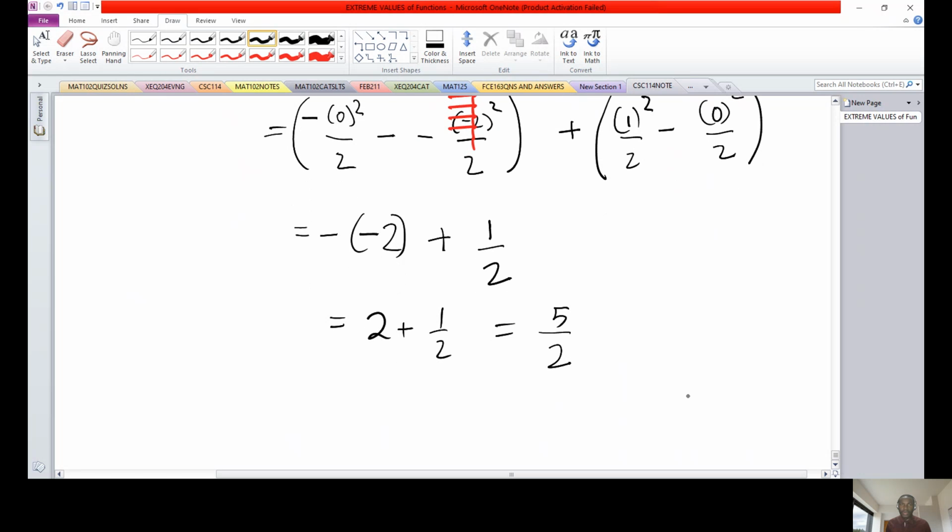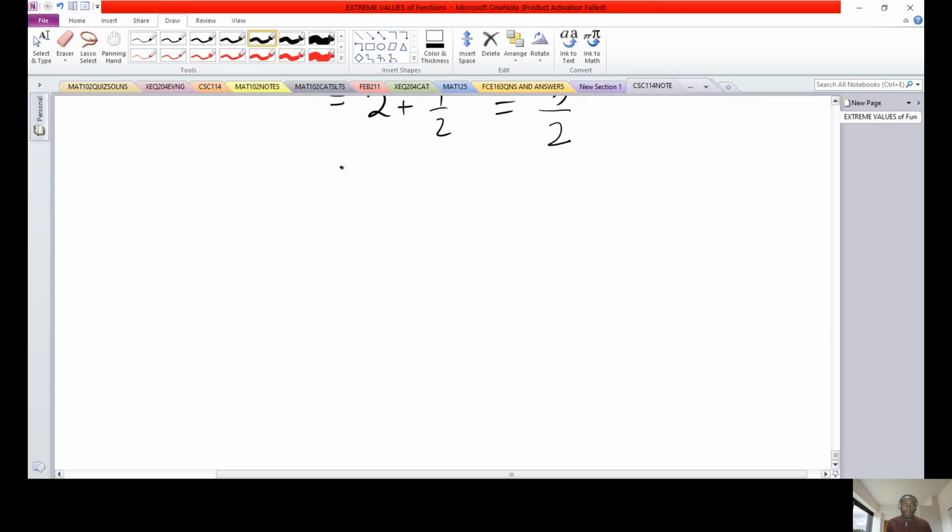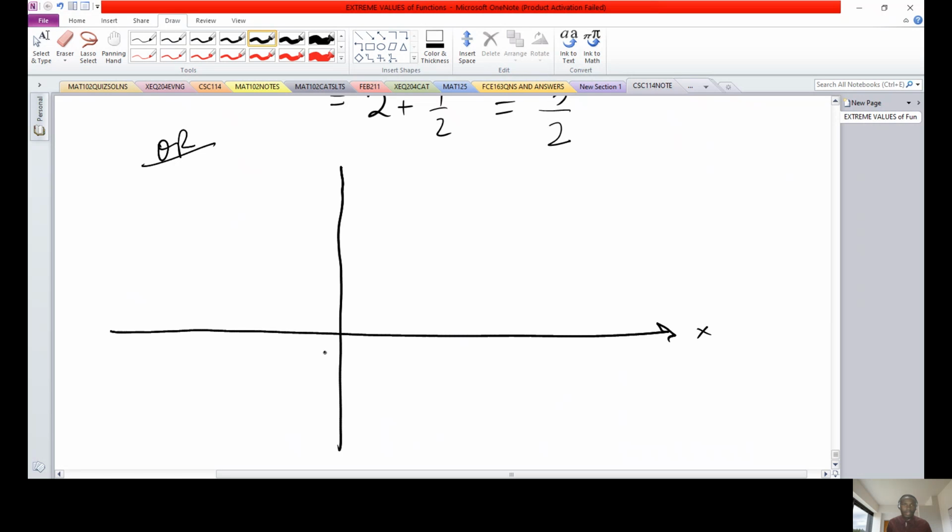You can as well draw a diagram to illustrate this function from the limits given. This is how you can actually see this. This is x: 0, -1, -2, 1, 2, 3, and on the vertical axis 1, 2, 3, -1, -2.